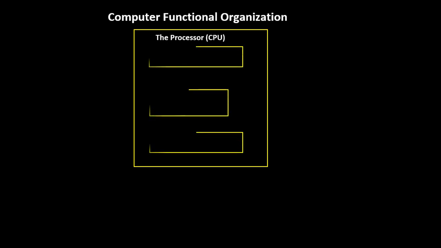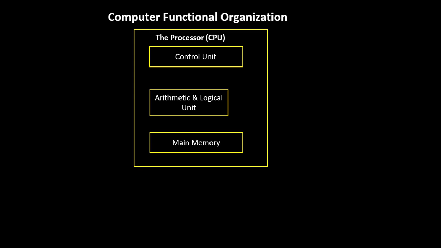There we will see that we have a control unit, we have the arithmetic and logical unit, we have main memory. Registers and buses are hiding within, and we shall talk about them. But according to your level, let's understand the structure of this part.